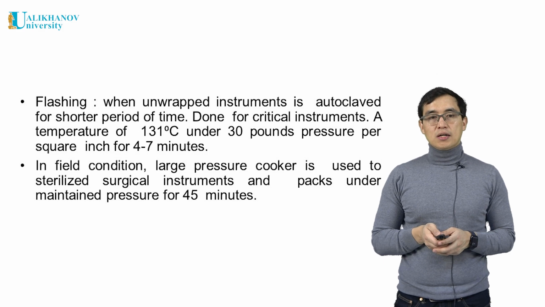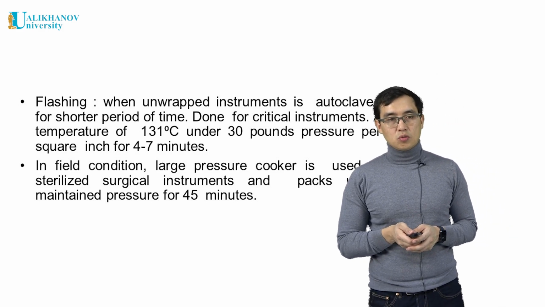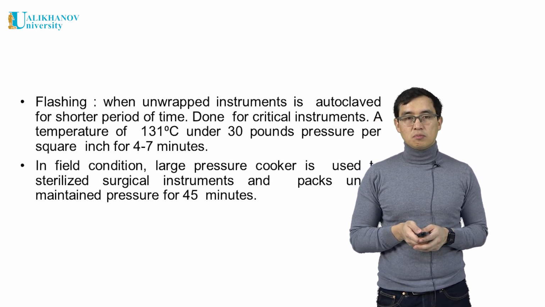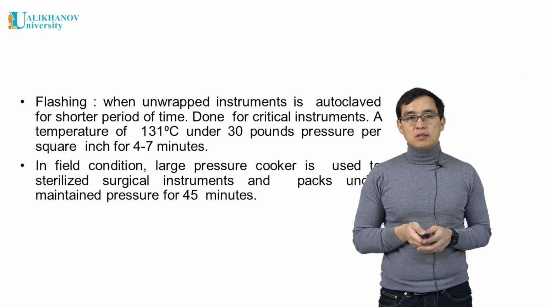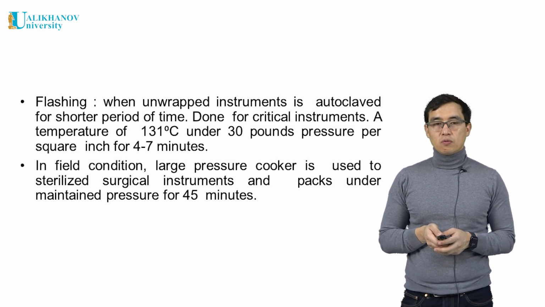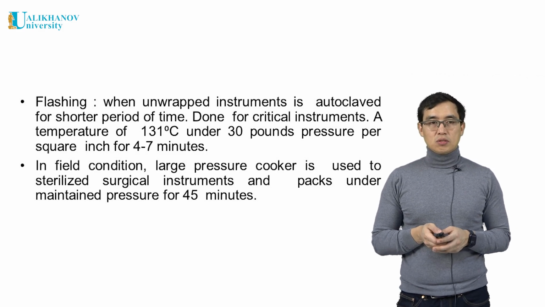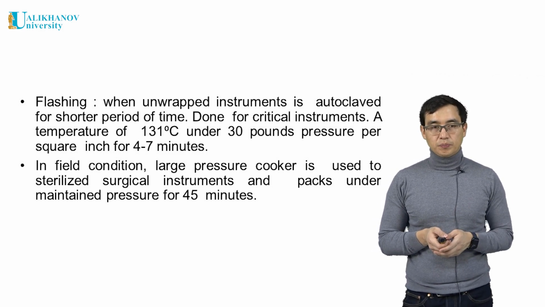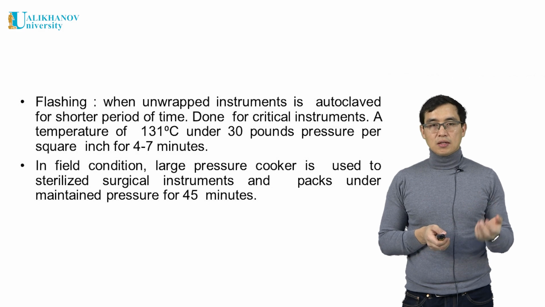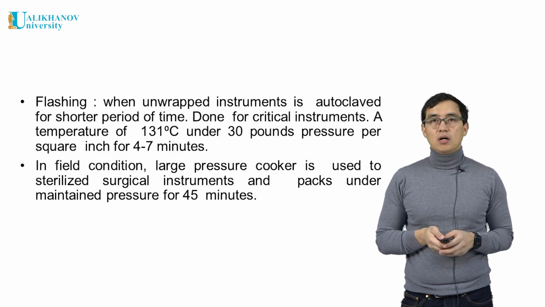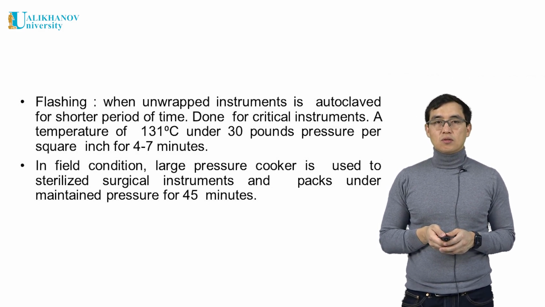In field conditions, a large pressure cooker is used to sterilize surgical instruments and packs under maintained pressure for 45 minutes. That is all we said about the main types of sterilization. In another lecture we will continue our theme. Thank you for your attention.